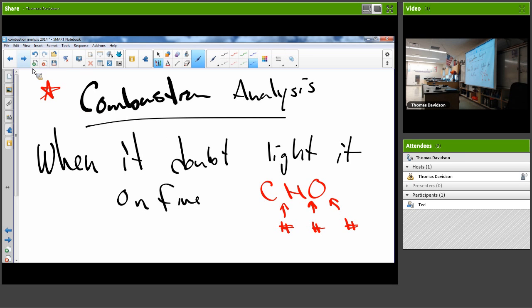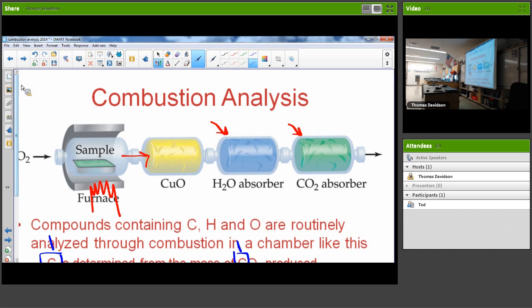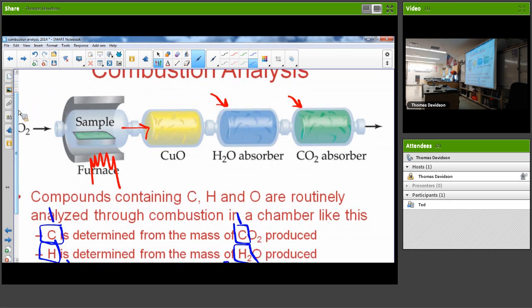It might make sense more with this slide. All right, so what we do is we have some sort of compound. And in this class, this compound will have C, H's, or O's, and occasionally an N. This process is used with organic compounds typically.